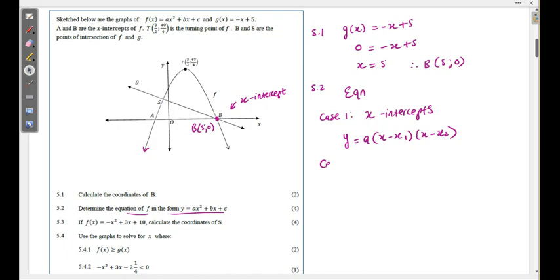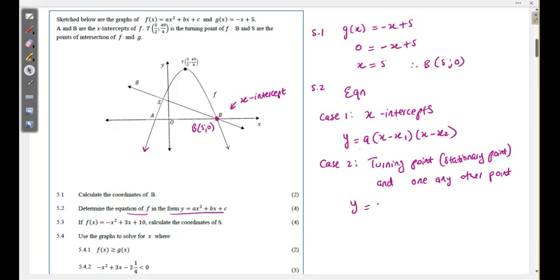Case number 2, if you are given a turning point, which is also called a stationary point, and one other point, be it a y-intercept or x-intercept, then for a parabola, you immediately write the formula: a into x plus p all squared plus q.